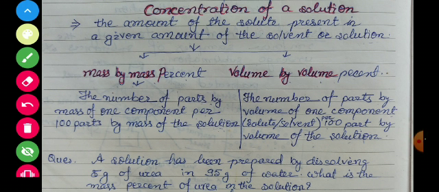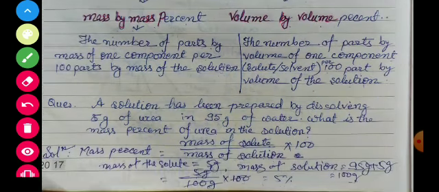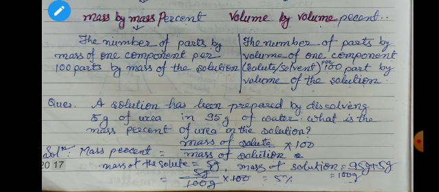In mass by mass percent, the number of parts by mass of one component per 100 parts by mass of the solution is called mass by mass percent.